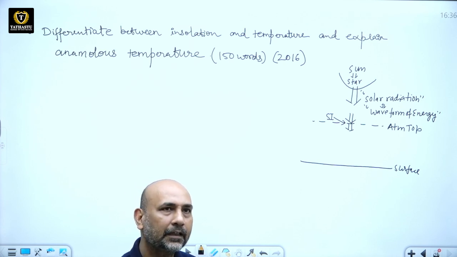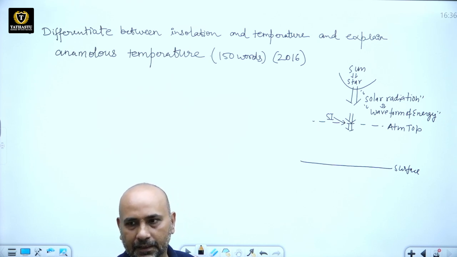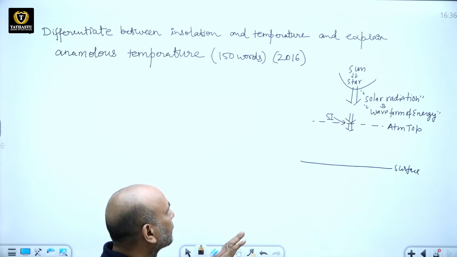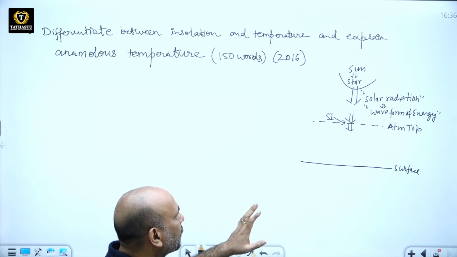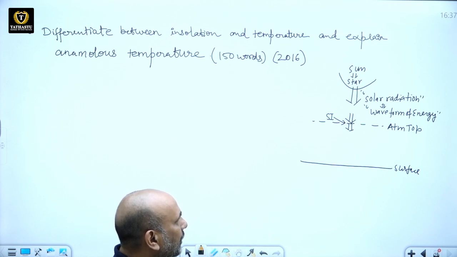I said that the atmosphere is largely transparent for incoming shortwave solar insolation. That was the last line. I am repeating. Energy outflowing from the sun, which is the only star in our solar system, is known as solar radiation. It is a wave form of energy which passes from the sun to outer space.